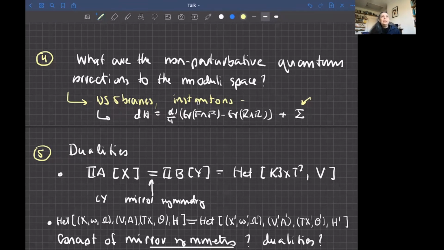In other words, can we lift, when we add non-perturbative corrections, this structure that we have in terms of this operator to include these effects?